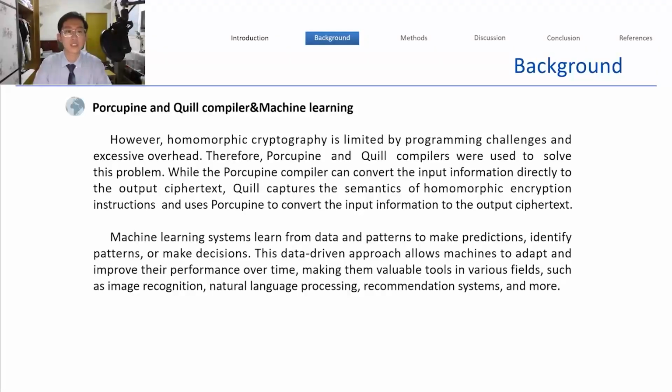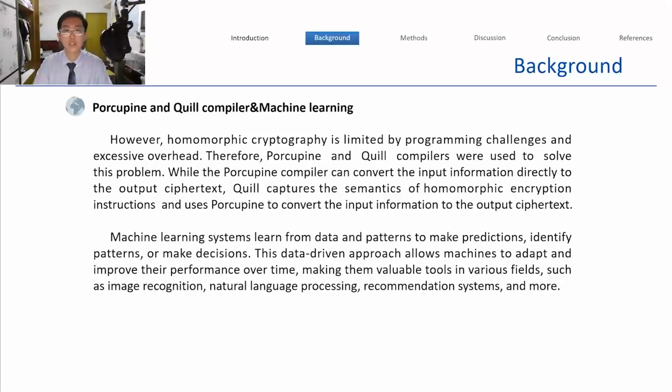Now it's the ProCompile and QCompiler and machine learning. However, homomorphic cryptography is limited by programming challenges and excessive overhead.